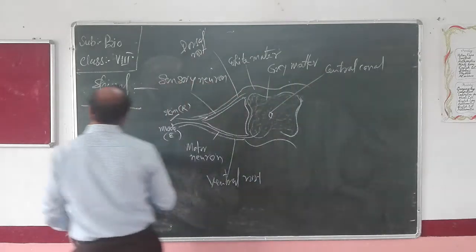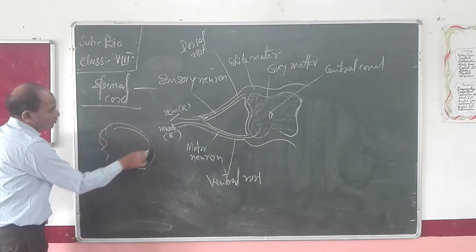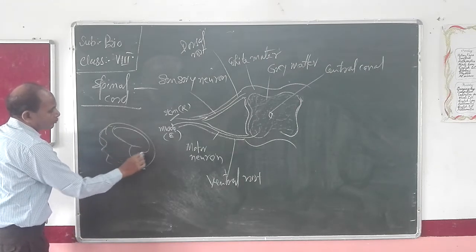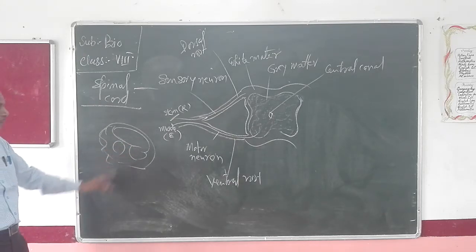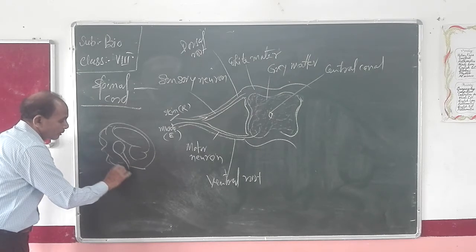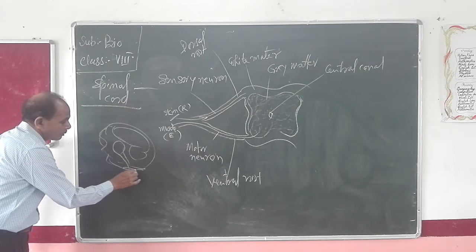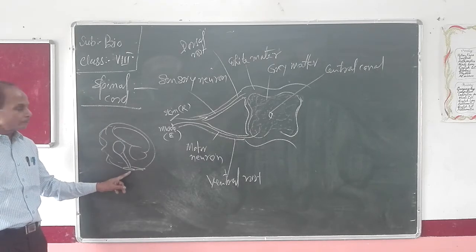We have studied that this is our brain box. In the brain box, this is our brain, consisting of three parts: cerebrum, cerebellum, and medulla oblongata. You have studied that the medulla oblongata emerges out from the skull through a fine pore known as foramen magnum.